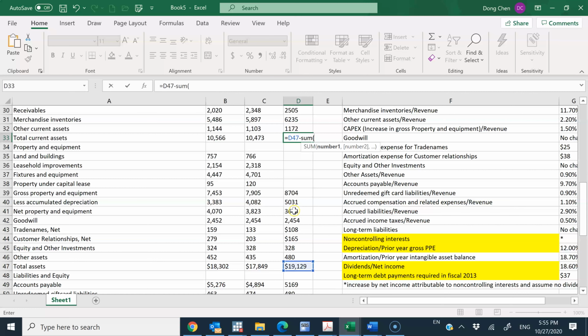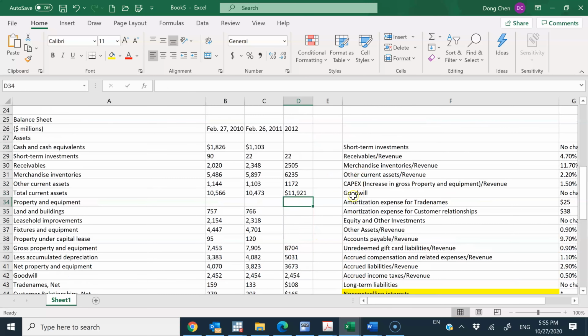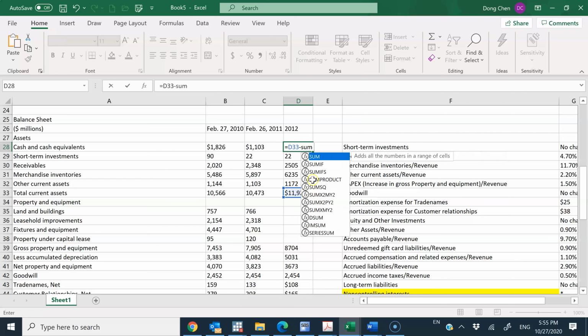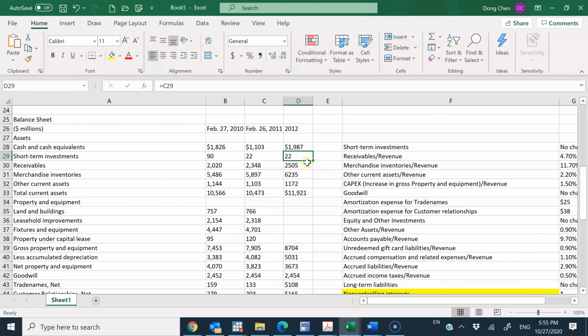So we can start from net PPE and then add all these long-term asset items. So that gives us the total current assets. So now finally, we can back out the cash by deducting other current assets from the total current assets. So it's going to be total current assets minus the sum of all these other current assets items. So that gives us the cash.